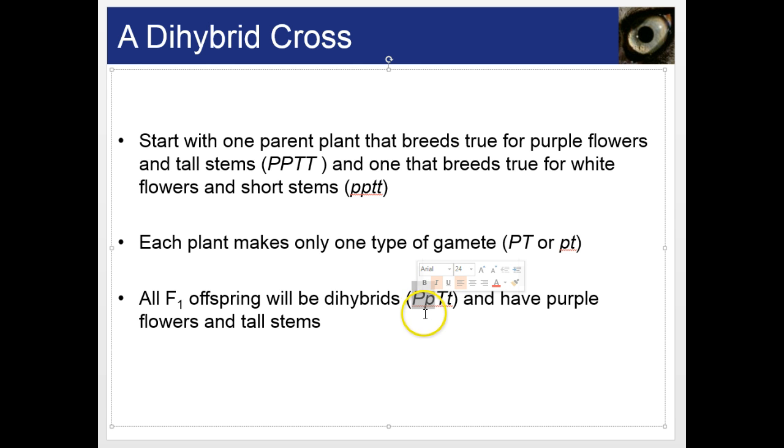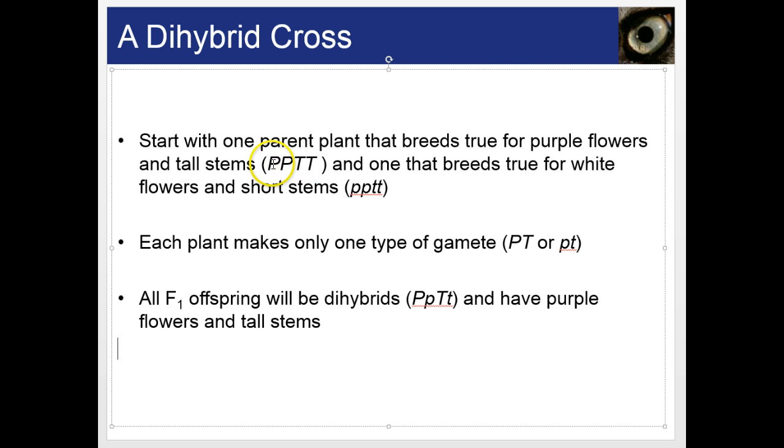So what color will that be? If you answered purple, you're correct. And now our new combination is big T, little t, and what stem length will that be? And if you answered tall, you are correct. They'll have purple flowers and tall stems.